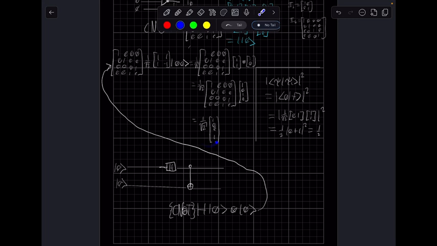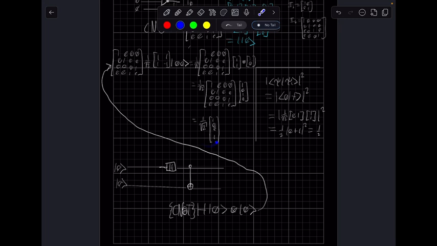So we have just shown how to create our Bell state using this, and further on we'll go into many more examples. One last thing I'd like to talk about before the end of the video would be how to actually determine the probability. So let's say I send a plus state through a Z gate.